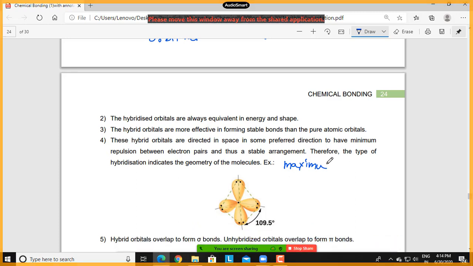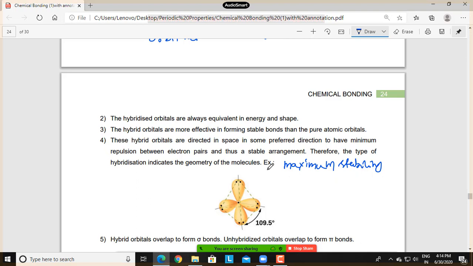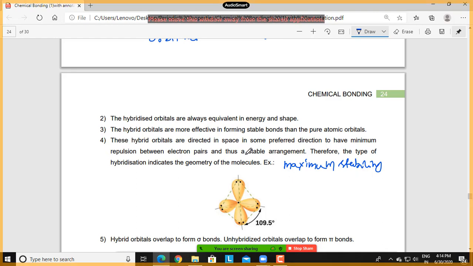So maximum stability is the desire of these hybrid orbitals. In order to have maximum stability, there will be minimum repulsion between electron pairs. Thus, a stable arrangement will be achieved. Therefore, the type of hybridization indicates the geometry of molecules.